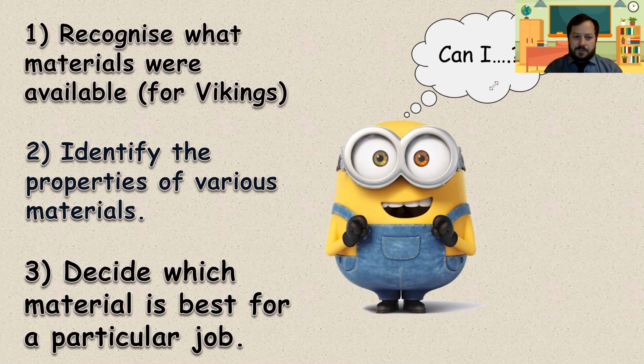And then once we've identified those materials, we need to think about what properties they might have that would have been useful for the Vikings at that time. And then finally, you're choosing the material, the properties that are best suited for a job that you are deciding to use that material for.